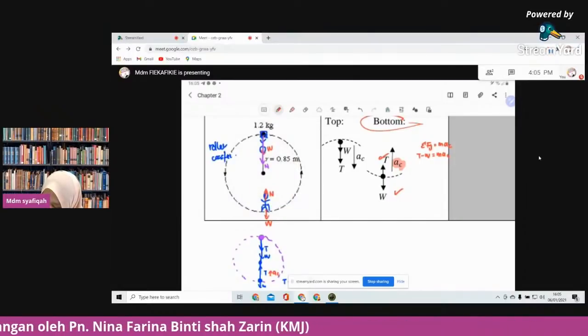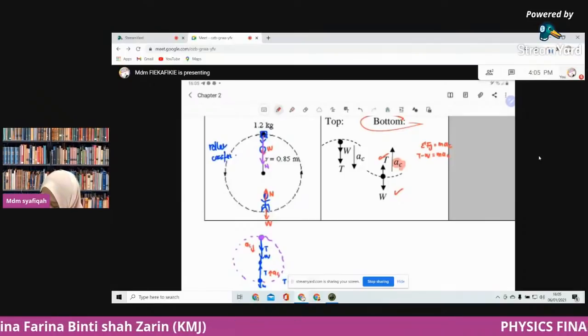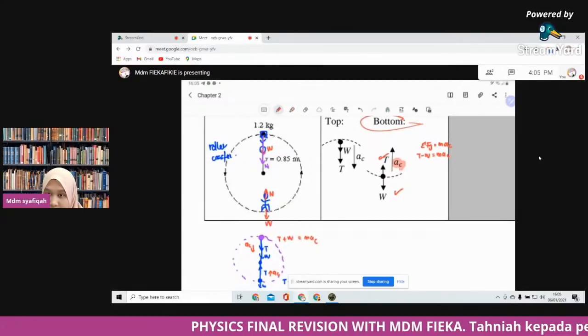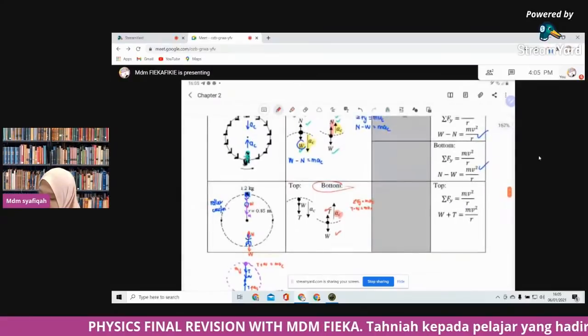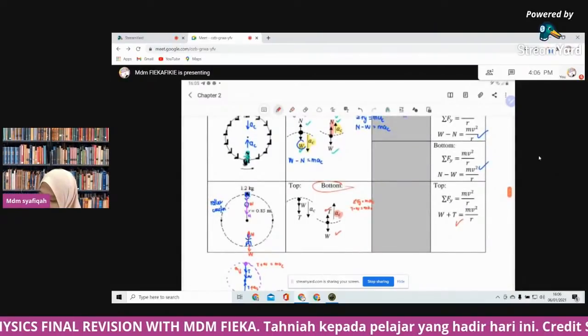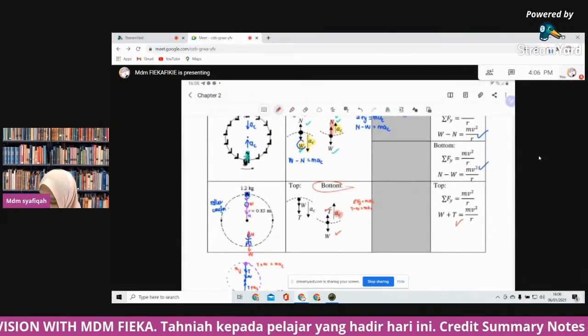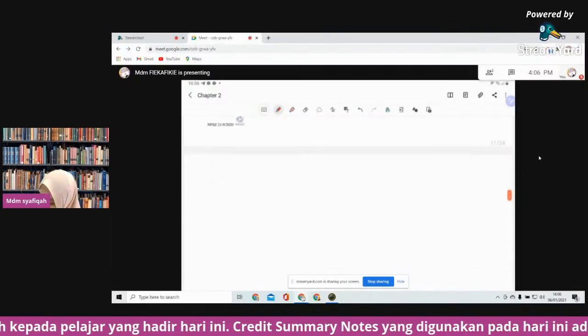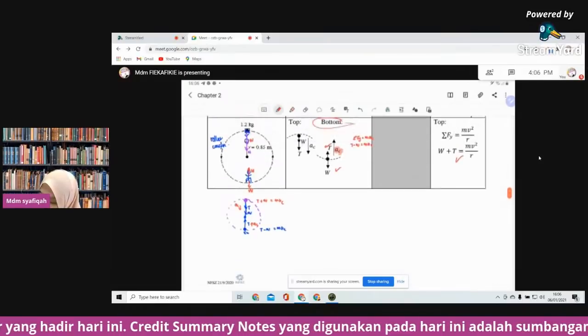Centripetal acceleration must be always toward to the center. So now T plus W is equal to MAC. Okay, boleh. Ini. Top bottom mana? Bottom dah hilang. Ada top je.